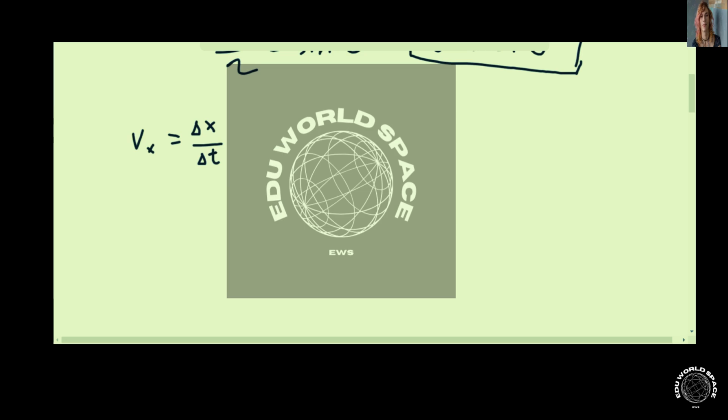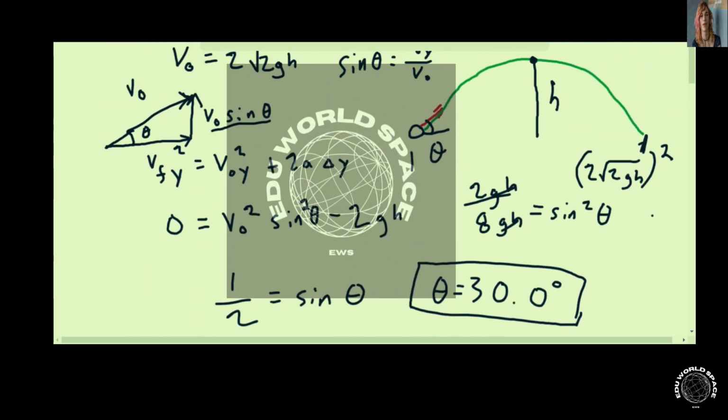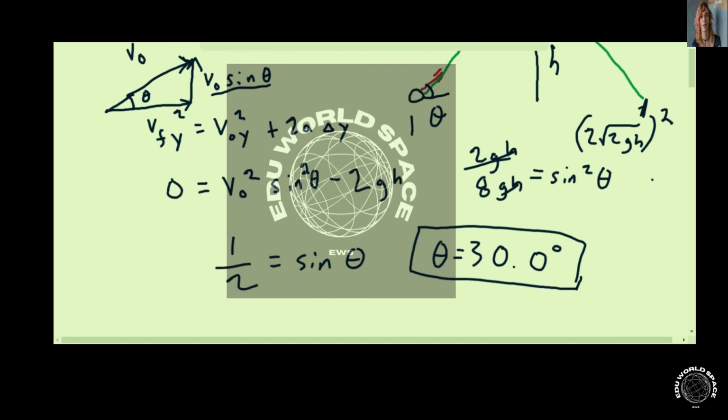We're going to find time by using another kinematic formula, which is v final, in the y direction right now, is equal to v initial in the y direction plus a t. So we know our v naught, which is v naught times sine theta.